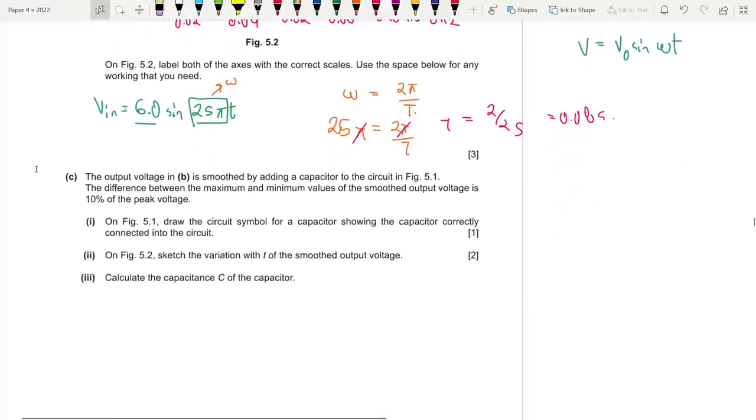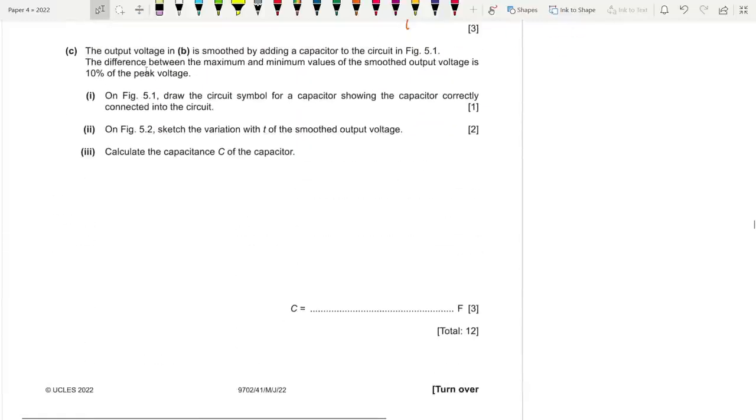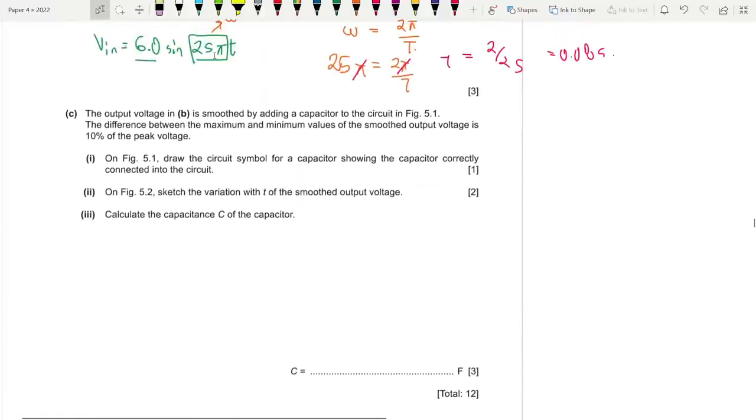Now, part C. Okay, so we have a capacitor. The output voltage in B is smoothed. We use capacitors for smoothing. So it's smoothed by adding a capacitor to the circuit in figure 5.1. The difference between the maximum and minimum values of the smoothed output voltage is 10% of the peak voltage. Okay, guys, so 10% of the peak.